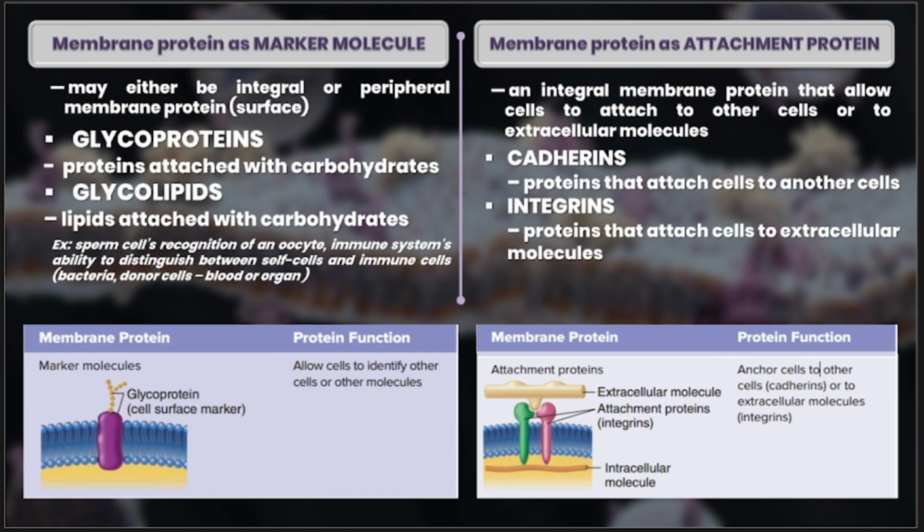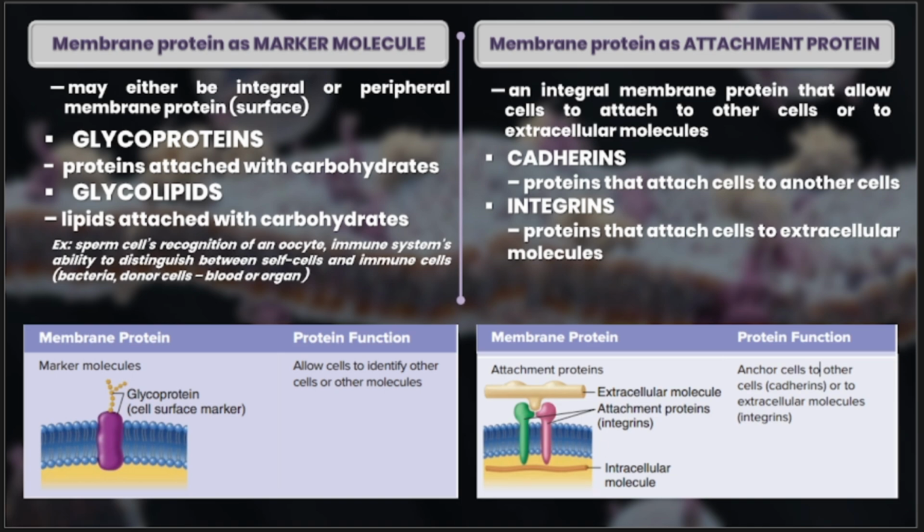At the same time, the membrane proteins could become attachment molecules or attachment proteins. And these types of proteins help your cells adhere to each other. From the word attachment, it would help the cells adhere to each other and to the extracellular molecule or the extracellular matrix.